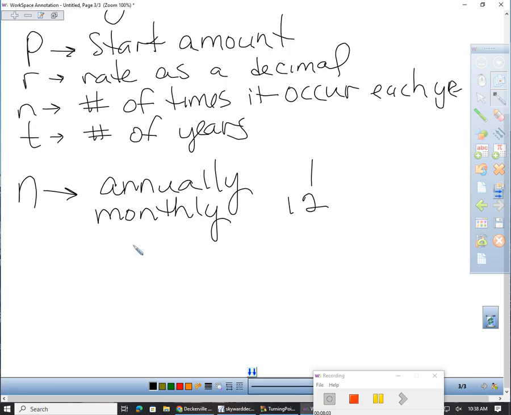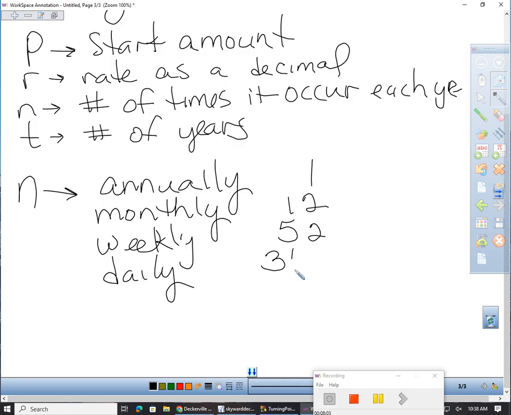If I say weekly, how many times does that happen per year? 52. Very good. If I say daily, 365, and there we go. What if I said quarterly? Good, that would be 4. So those different numbers are going to come into play in our N in this next section. All right?